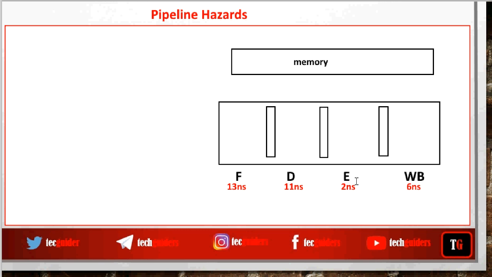Suppose one delay is very small and another delay is very large. The clock period will be set to the longest delay, and within that clock period we are going to get one instruction out. Hence we will not get enough benefit from pipelining compared to this non-pipelined approach. So the delays within the stages should be as much close as possible.